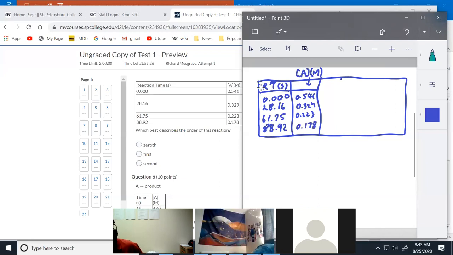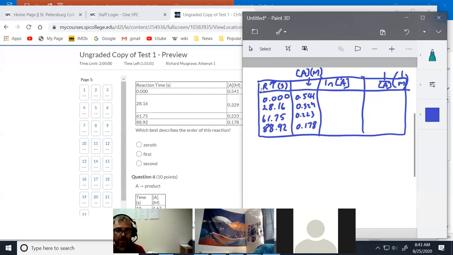Next thing we're going to do, we'll have ln of A, and that's not going to have a unit because you can't find the natural log of a unit. And then in this box, we'll have 1 over A. The unit there would end up being 1 over M, as we talked about earlier.